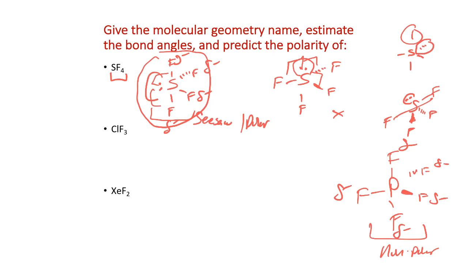Now the case of ClF3, 7 times 4 for 28 electrons. So ClF3, we have Cl, F, and then F, and then lone pair. So lone pairs end up going 120 degrees relative to each other on the equator, and we end up with a T-shape emerging within the geometry.